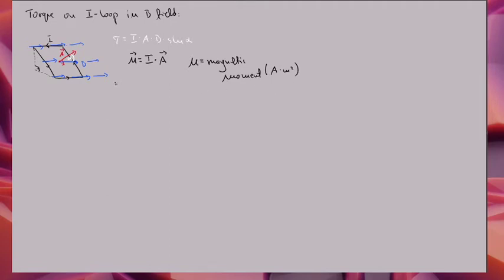And then you can rewrite the torque equation as torque equals mu times B times the sine of alpha, and that's fine, but you could also write it in a vector form as mu cross B. So it's common to write the torque equation on the loop in a magnetic field in this way here.